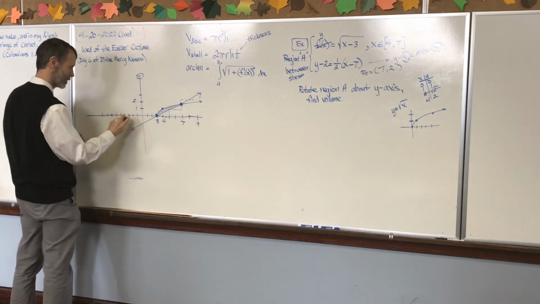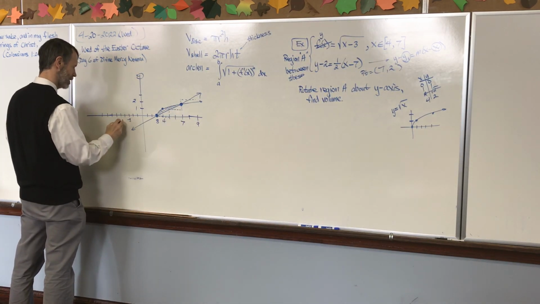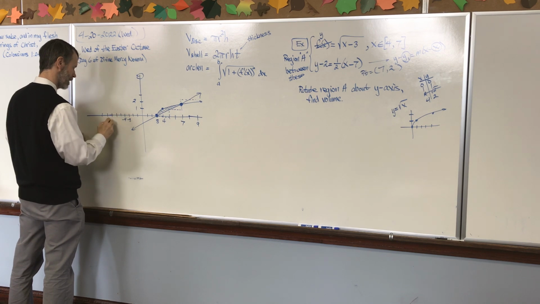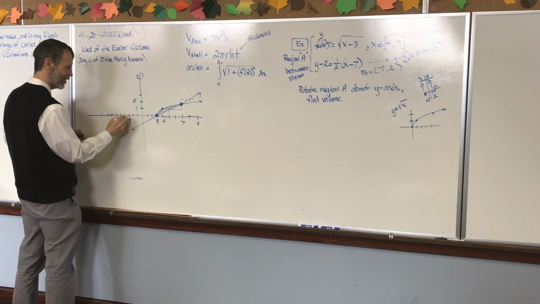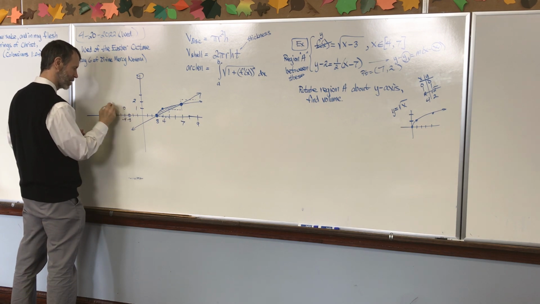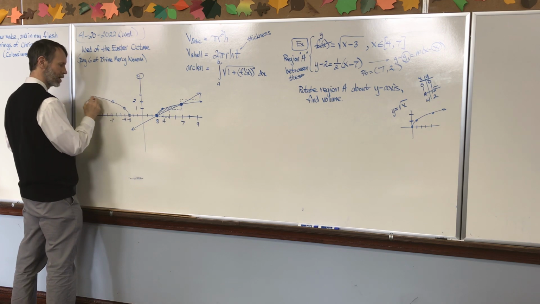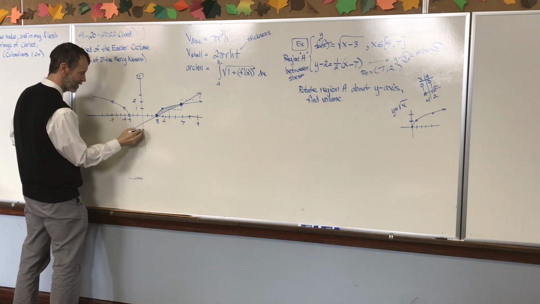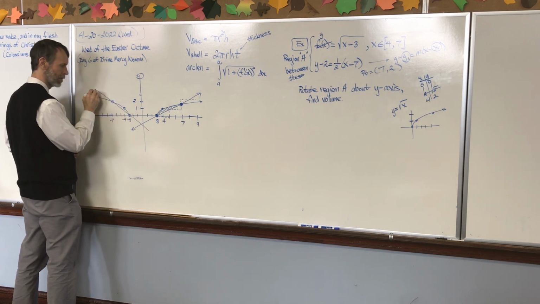Here's -3, -4, -7. You're gonna have phantom, I'm gonna do open dots here, even though they're not really open. And here is the phantom other side.